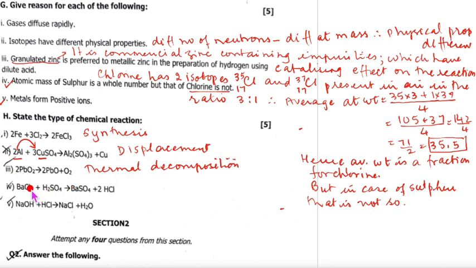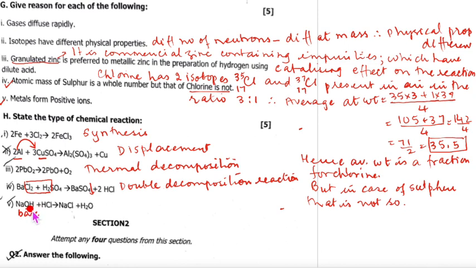Then we have next one here. Can you see? It has become BaSO4, which is a precipitate, plus 2 HCl. So this is your double decomposition reaction. And this one over here, the last one, this is a base.